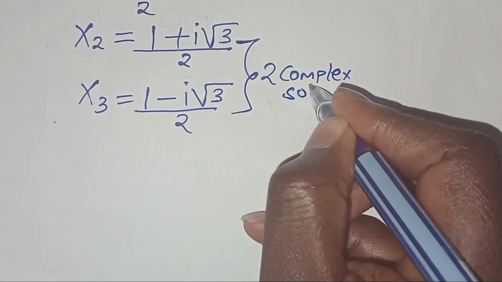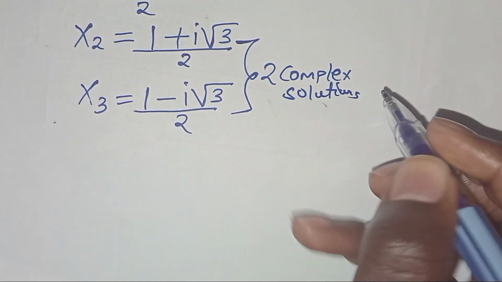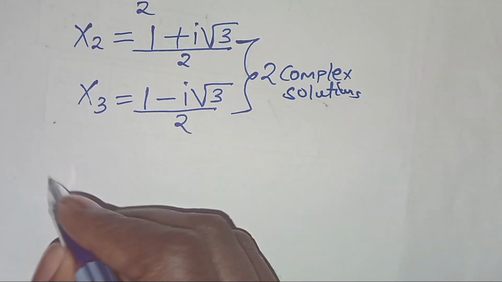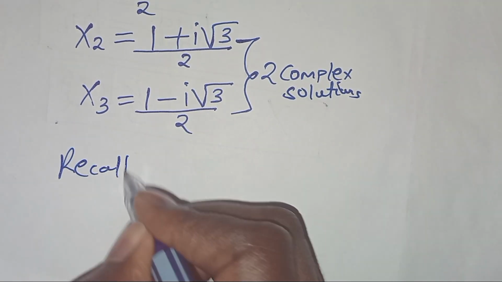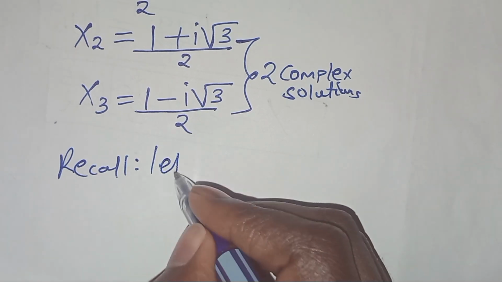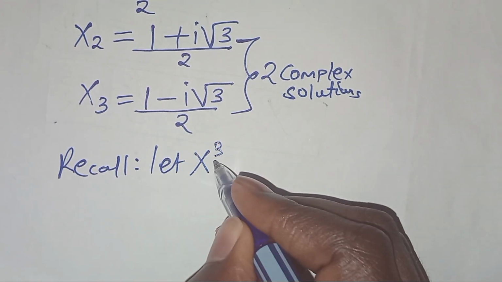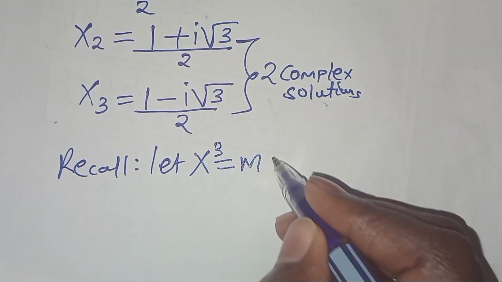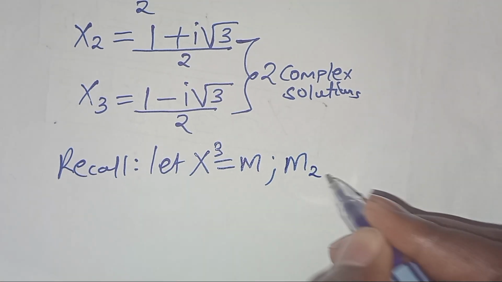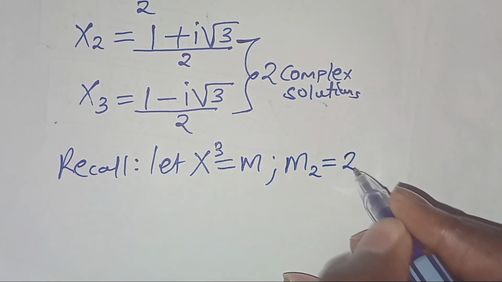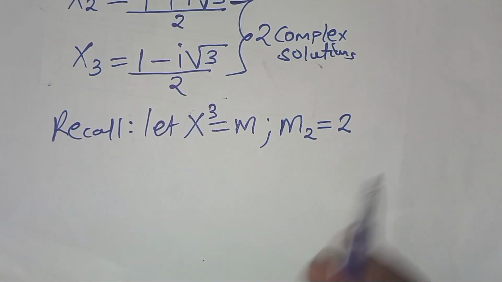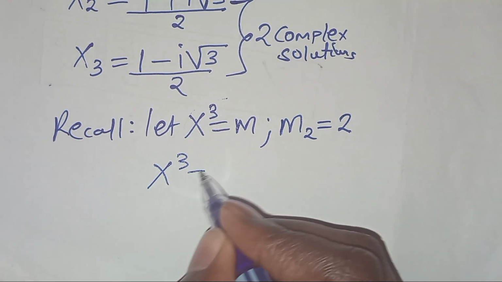The next step here, if you recall again, we are saying that let x to the power 3 be equal to m. And given that the second value of m, that is m2, is equal to 2, let's substitute here. So x to the power 3, this is equal to 2.